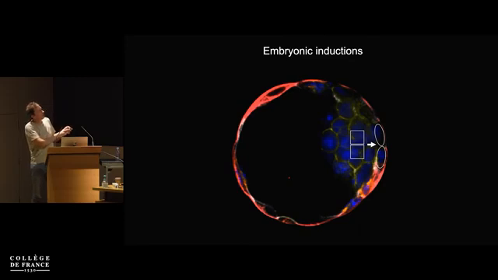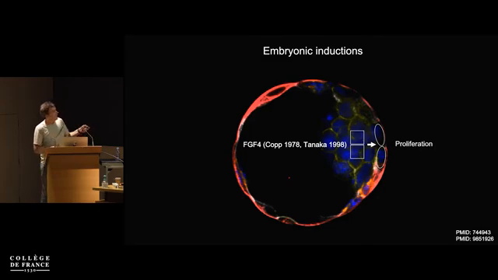So using those blastoids, we actually want to tackle a very classical question in embryology, which is the one of embryonic induction, in which one group of cells is instructing neighbors. And in the blastocyst, embryonic inductions have been shown as early as 1978 by Cope in Oxford.